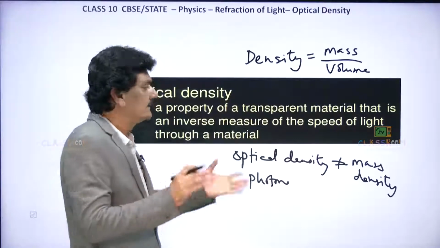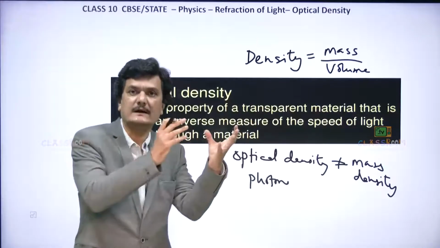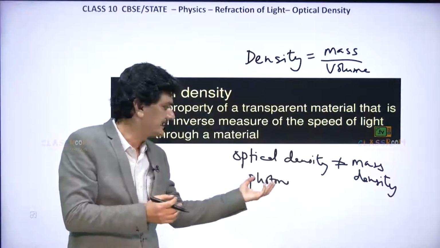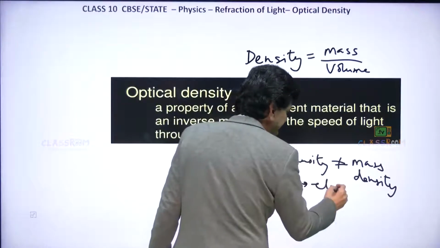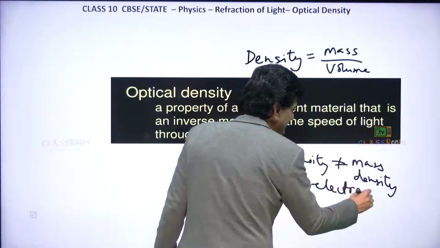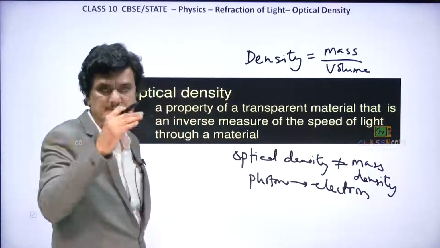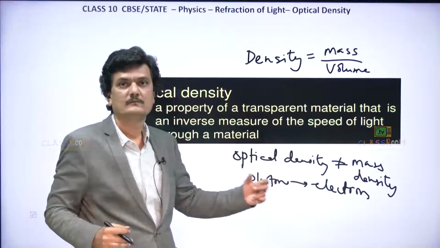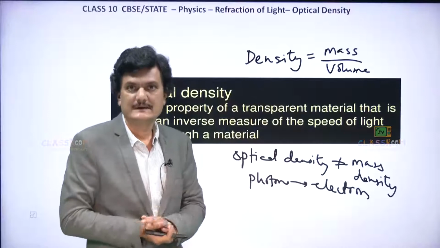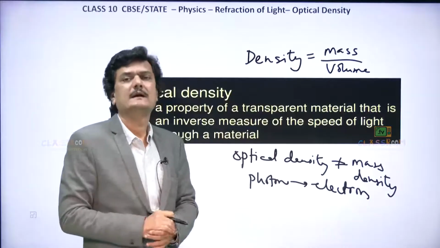The photons give their energy to electrons, and then the electrons keep on passing it. The time delay between the electrons taking energy from photons and passing it on, that is the optical density.